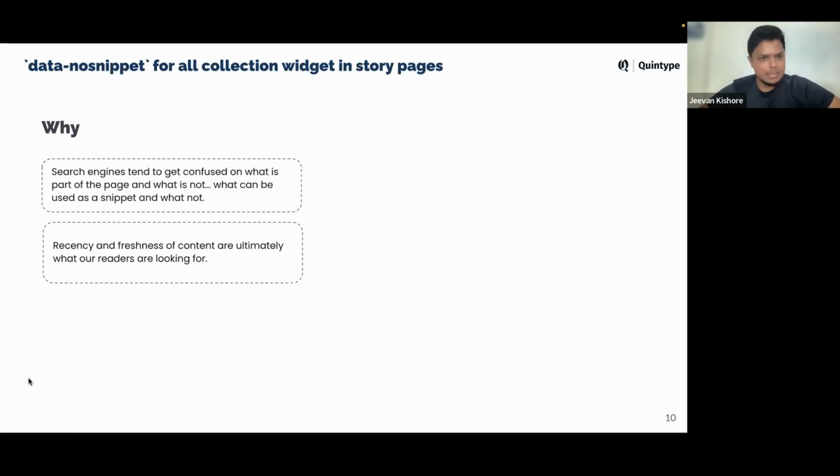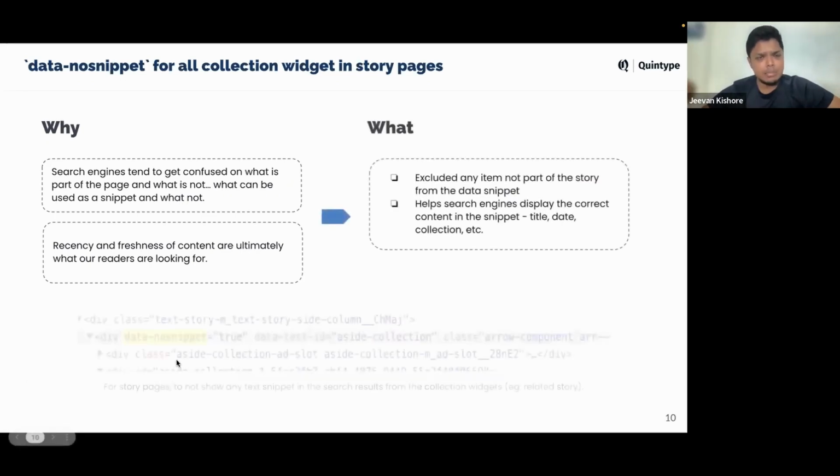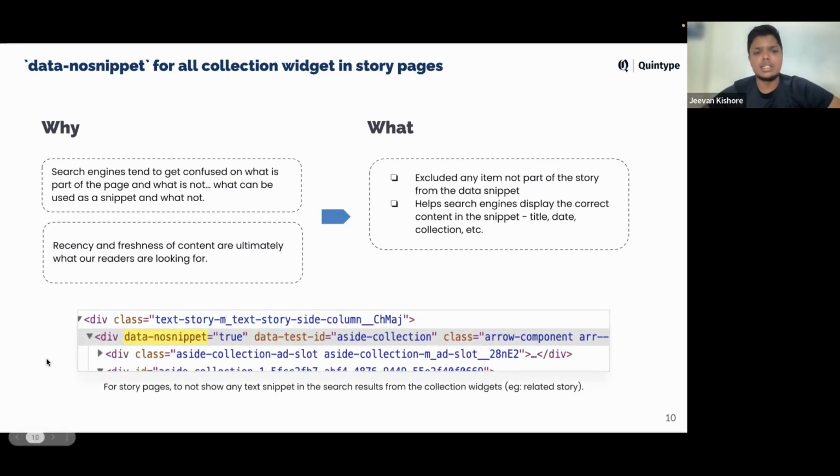So our HTML provides us a way of doing that. Let's say there is a particular widget, it has some data in it which is not related to your site in a direct manner, and you want to avoid that being crawled, right? So there is an attribute called data-nosnippet, which you can paste into a particular element of the HTML.